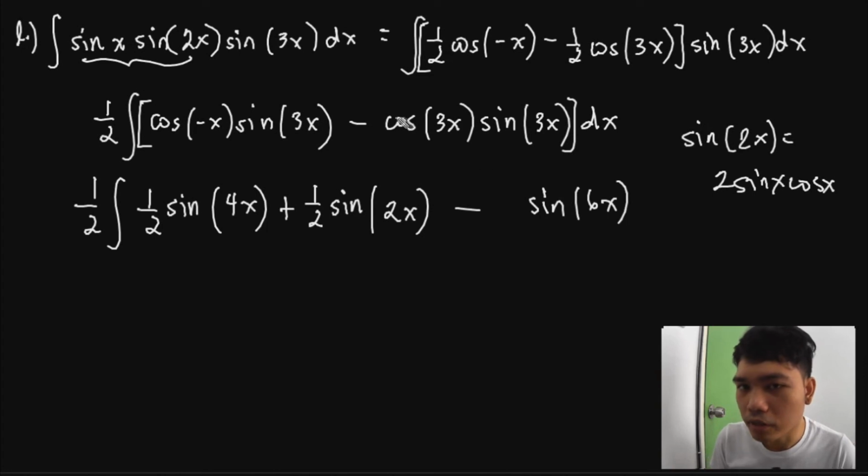But of course, wala siyang 2 here, di ba? So therefore, there should be something like 1/2 here, just to give emphasis to the 2 that is lost in this certain cosine 3x, sine 3x, di ba?